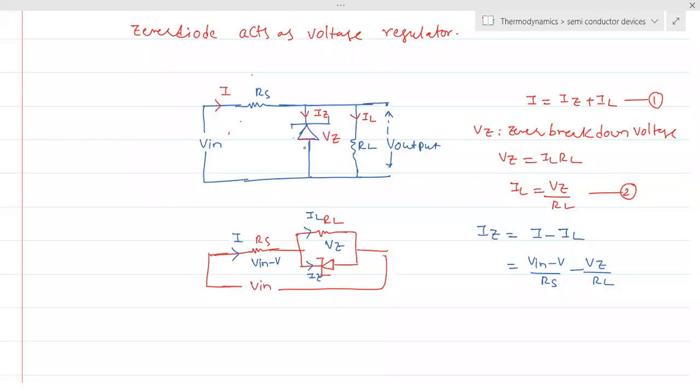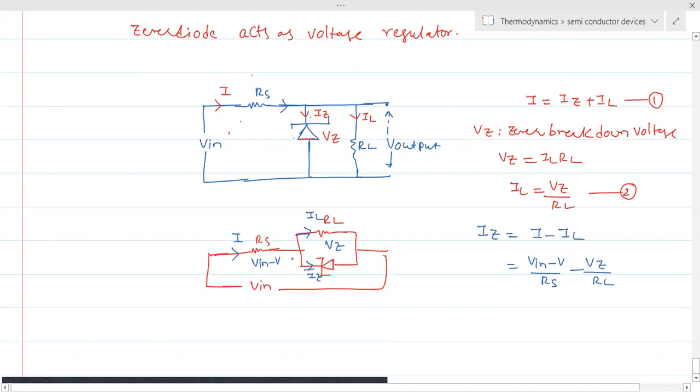For our convenience to understand the relation for Iz, I and IL, we are converting the Zener diode into the following diagram, where the current I is treated as Iz and IL.